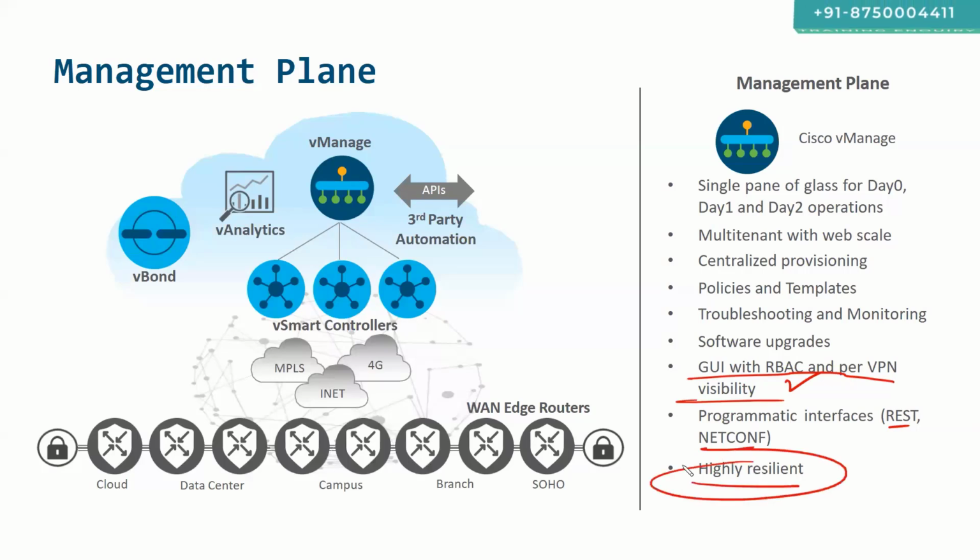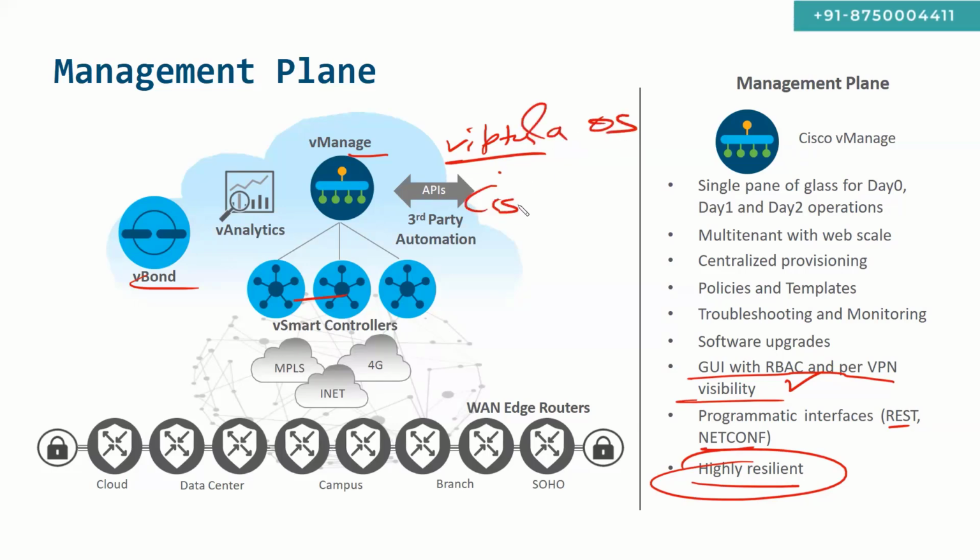Highly resilient. Why? Because it uses Viptela OS. Remember that all the control components, whether it is vManage, vSmart, or vBond, will be using Viptela OS. Basically, in Cisco SD-WAN there are two different types of operating systems that you will be using. One is called the Viptela operating system.